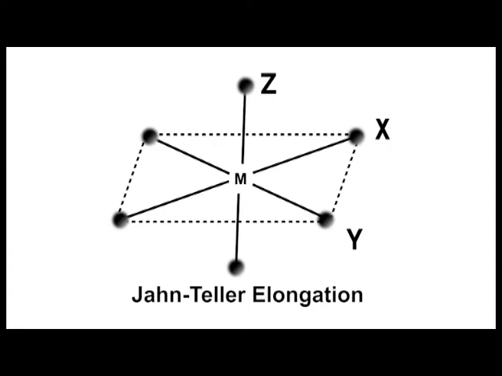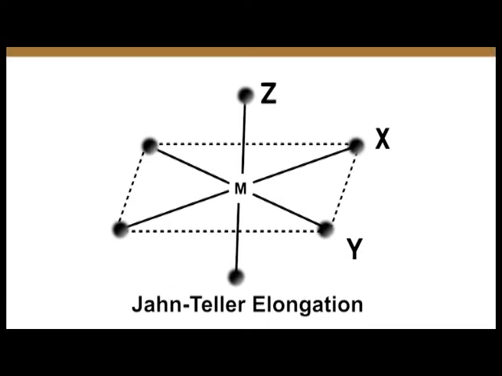It is therefore ligands from z direction will be distant compared to ligands from x and y axis. In other words, bond length between metal and ligand in z direction is elongated compared to the bond length obtained in the x and y axis. This kind of distortion is called John-Taylor elongation.